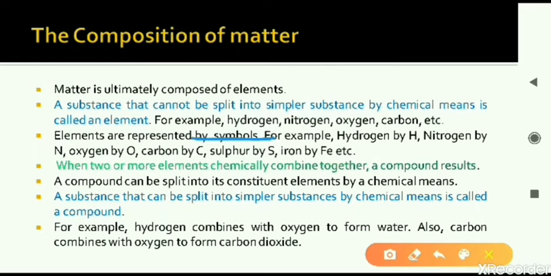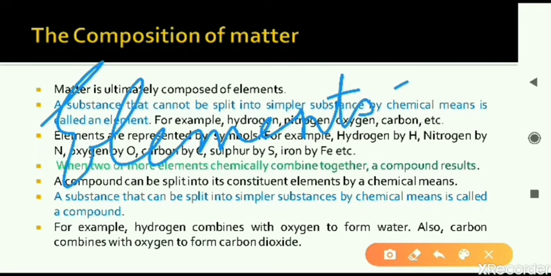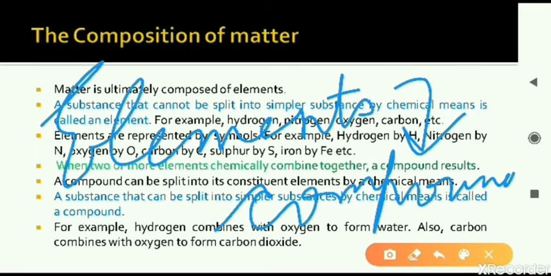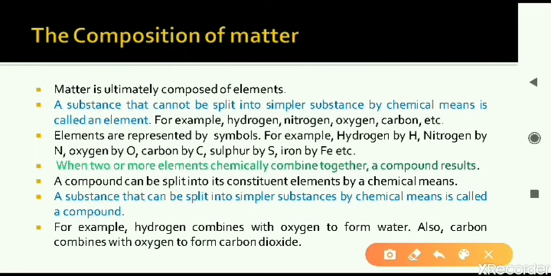Next, when these elements combine together, different types of elements or same types of element also, what is formed is called a compound. Different elements can combine, and what we get is called a compound. For example, water is a compound, and water is made up of two things, hydrogen and oxygen.